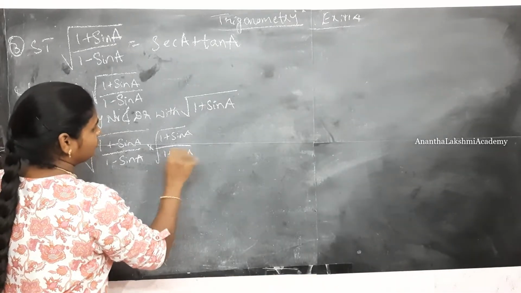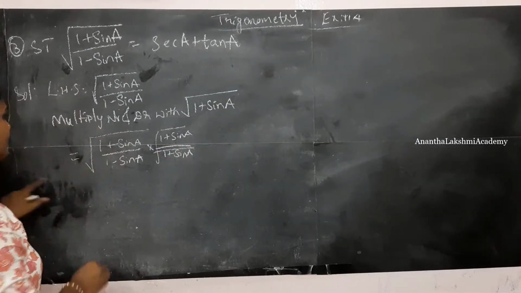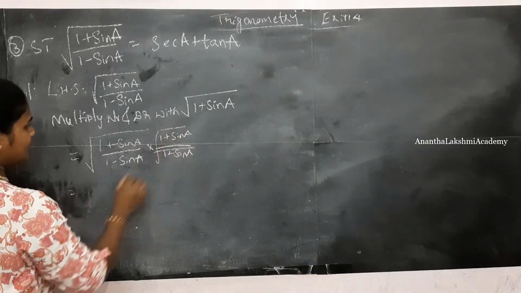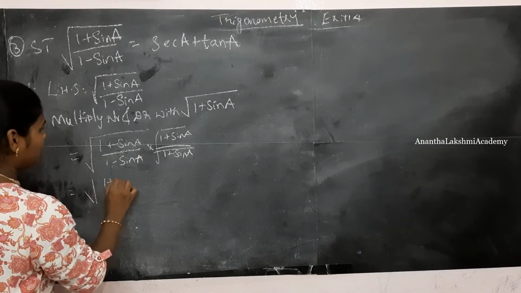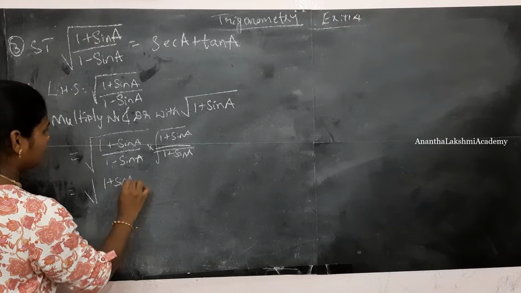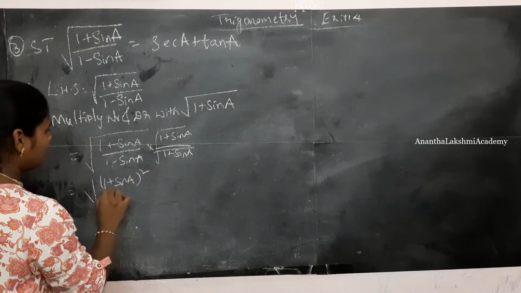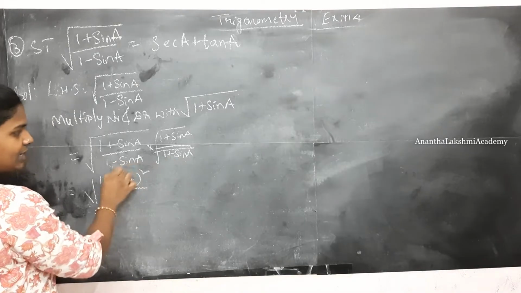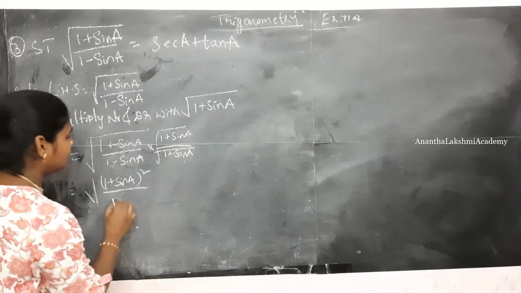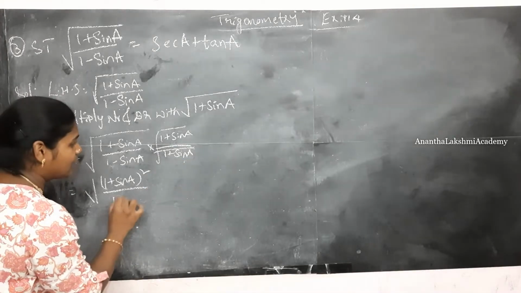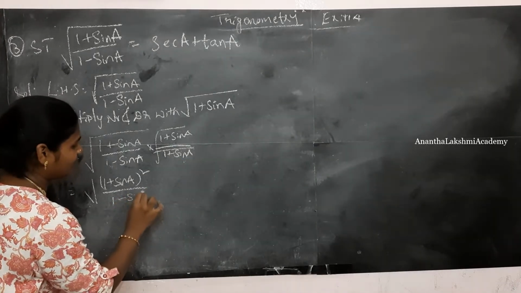This is also under root. Okay, so what happens? 1 plus sine a, 1 plus sine a becomes 1 plus sine a whole square by 1 minus sine a into 1 plus sine a, which is nothing but a square minus b square, 1 minus sine square a.